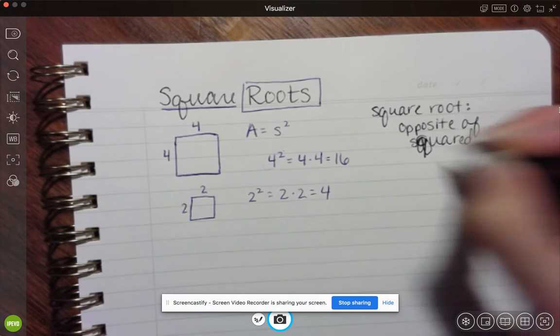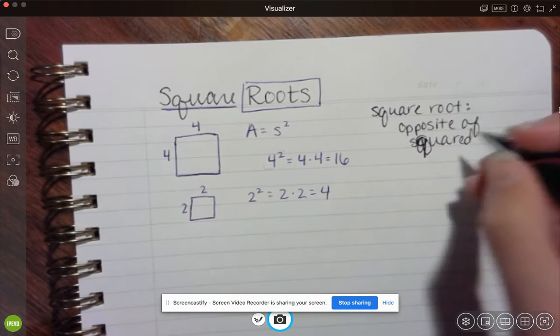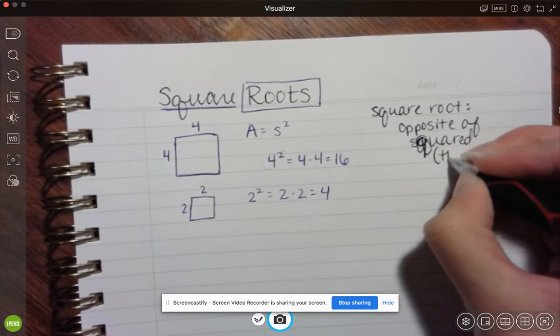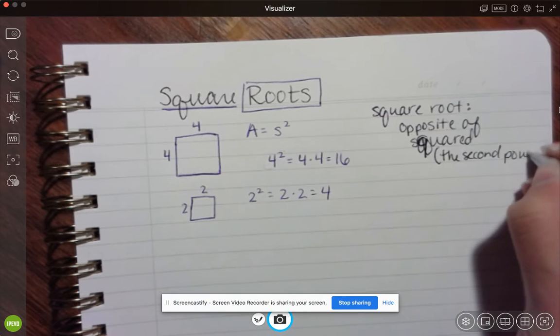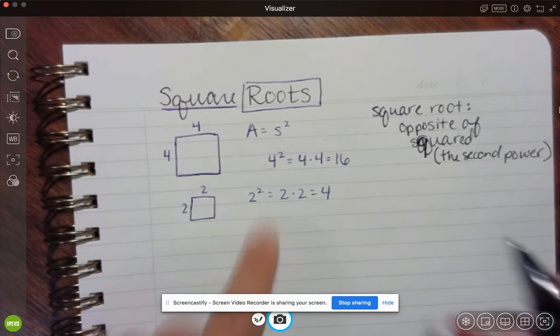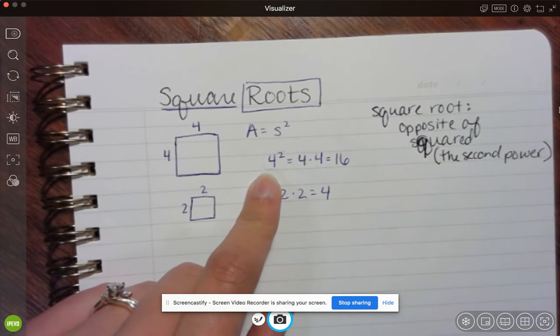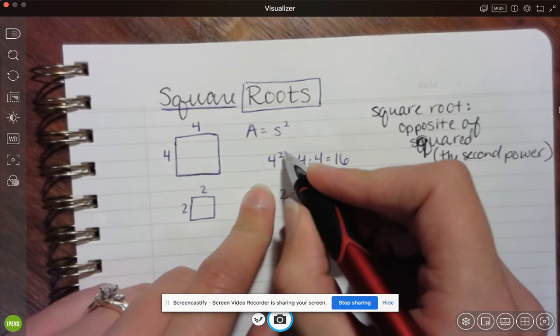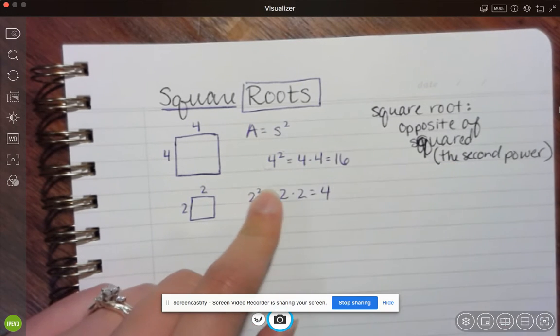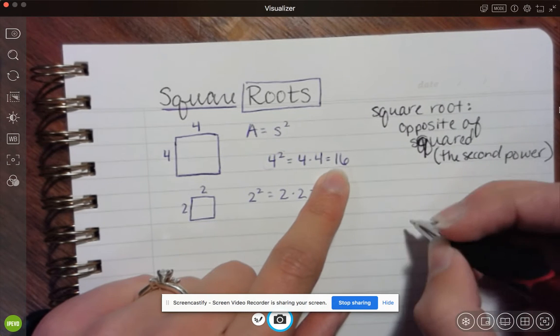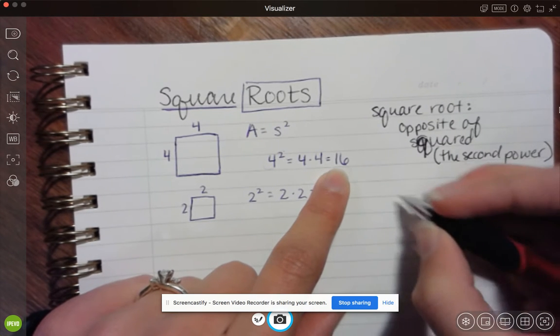The opposite of doing something squared, or the second power. Okay, it's the opposite of doing that. So with the second power, we have a number, we multiply by itself 2 times, and we get an answer. I'm just going to use 16 as an example then to work backwards.